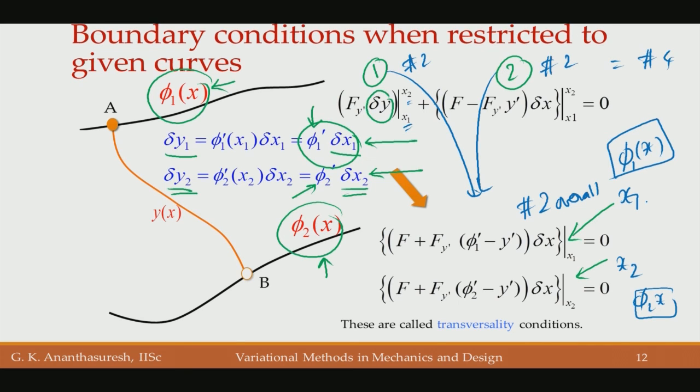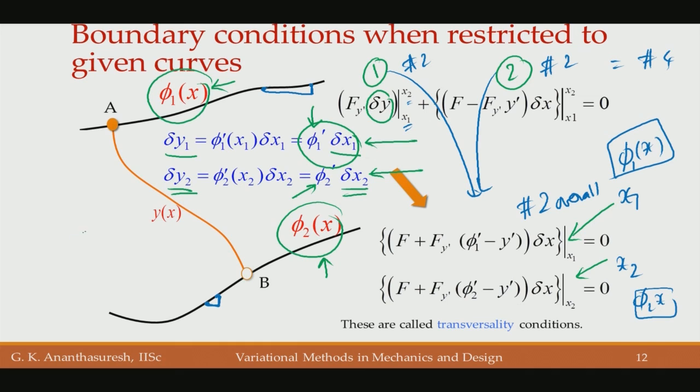But now we have only 2, because we have found a relation between delta y and delta x, because once I am here, if I have to be here, when I move delta x1, I also have to move delta y2. So, those are constrained. Okay. Let me draw a little bigger, maybe somewhere here. If I move from there to here, if I move so much, I have to necessarily move delta y.